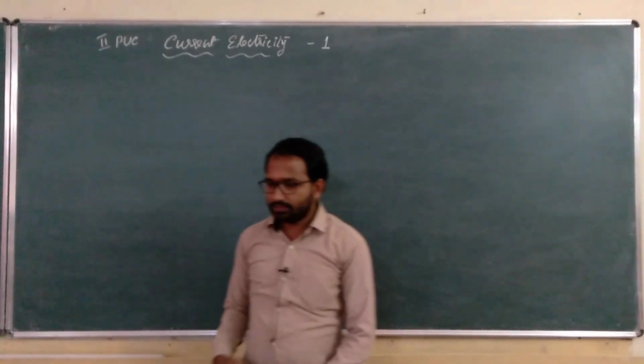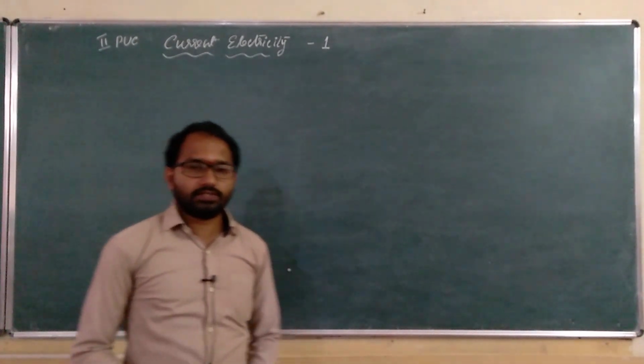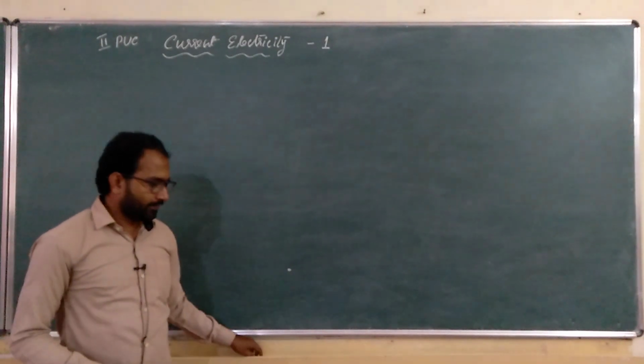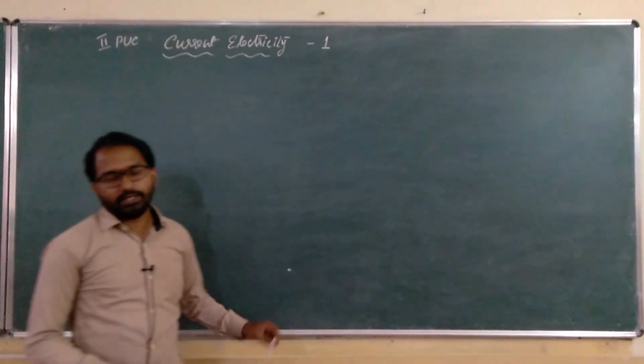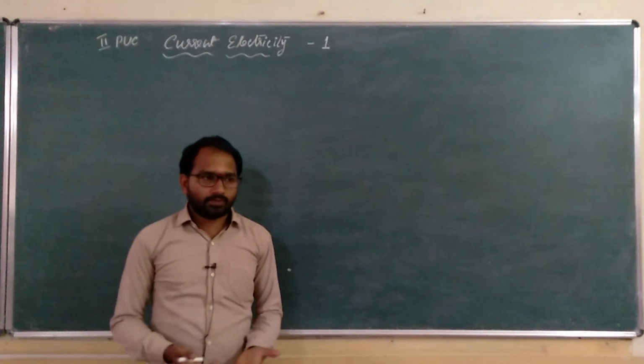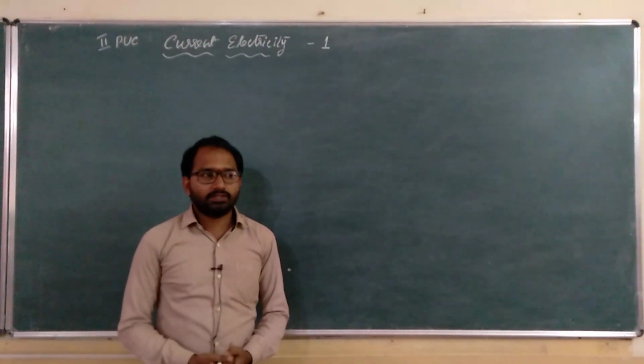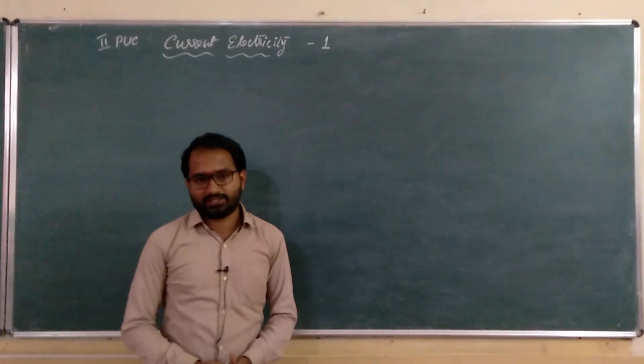So far, in the previous chapters, we discussed static electricity or electrostatics, where we studied the concept of charge, the properties of charges, and the general behavior of charges at rest.